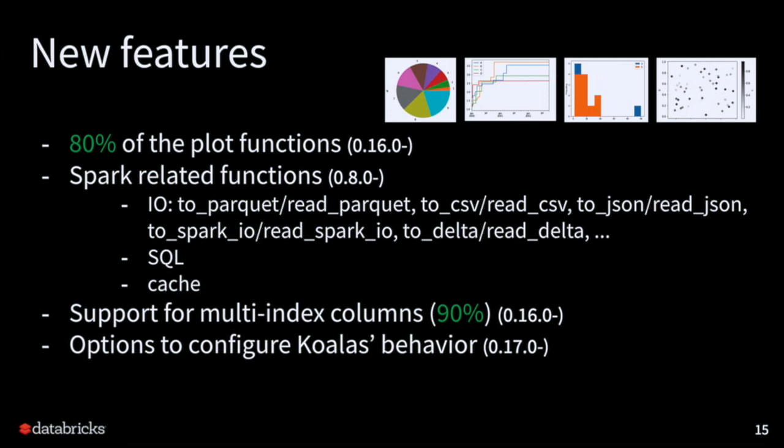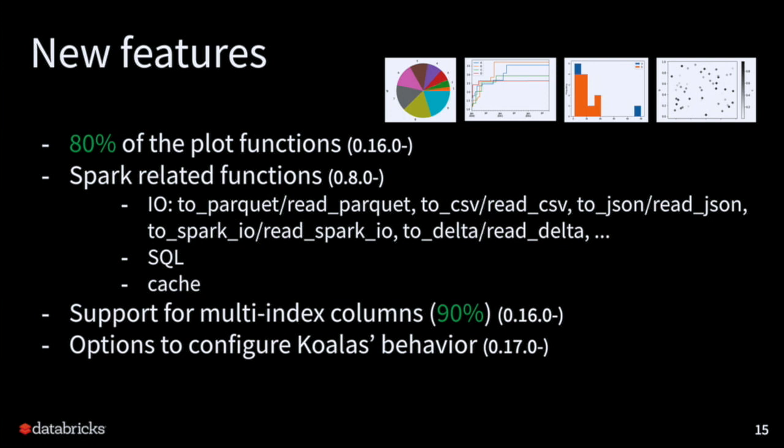For the new features, we implemented plot functions, and they already cover 80%. And also, we implemented the Spark-related functions. For the specific data types, Parquet or CSV or JSON, we provide to_parquet, read_parquet, to_csv, and so on. These are also available in Pandas.